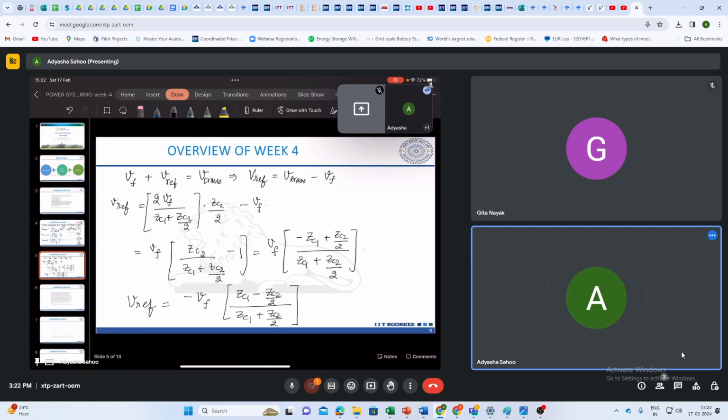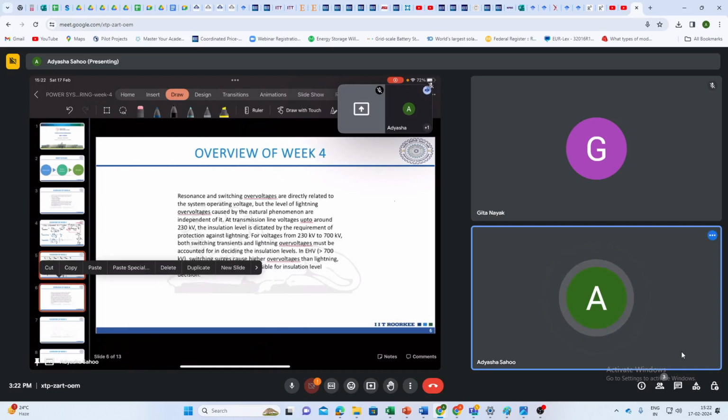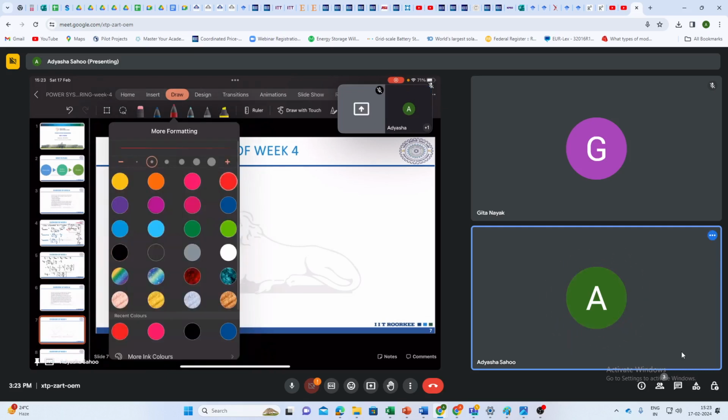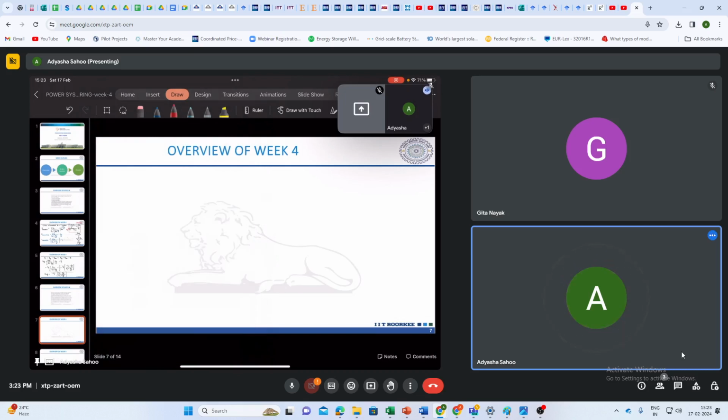Fine. So let us then see another special case. Let's see what will happen if your line is terminated with a capacitor.